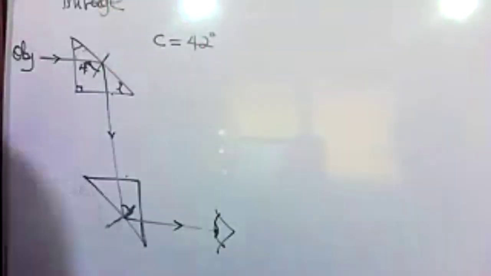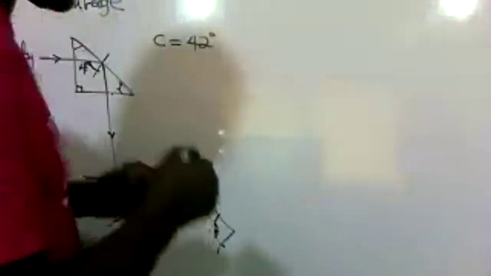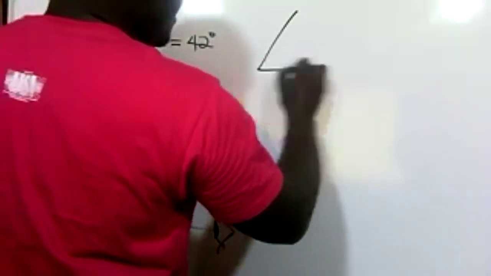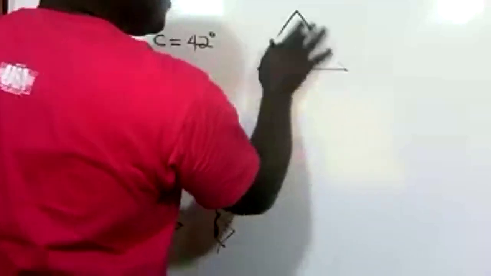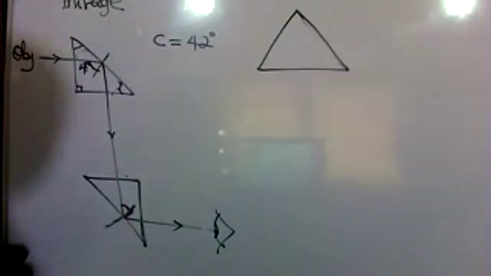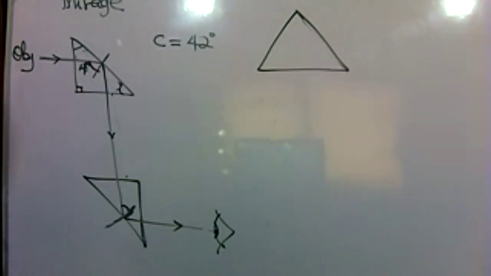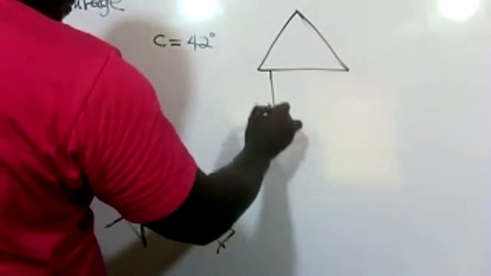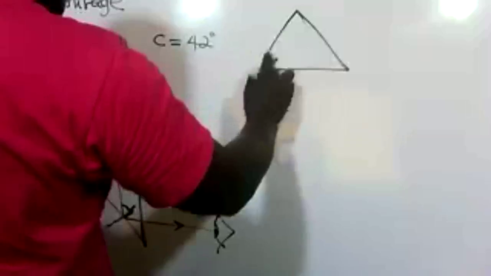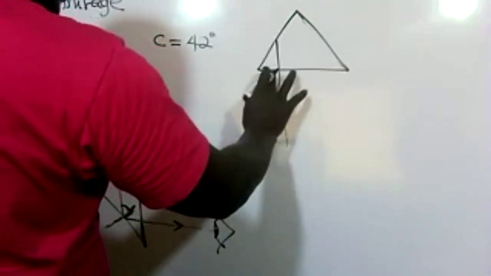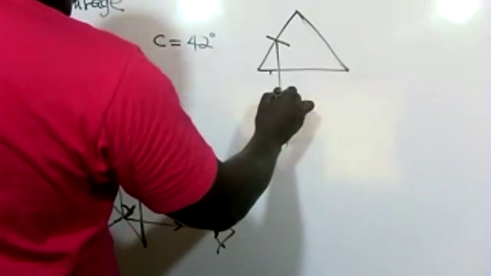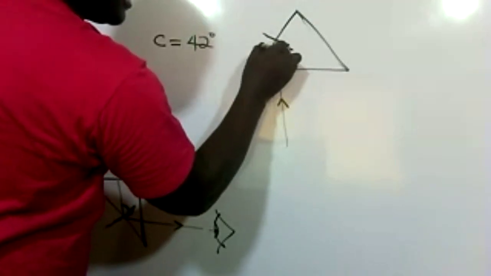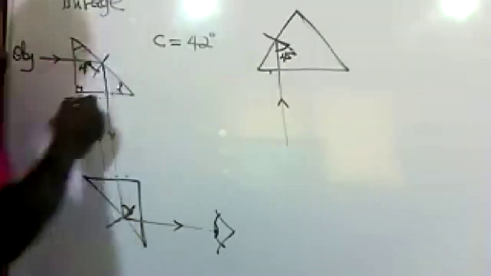There are two prisms, equilateral triangular prisms like this. Now what happens is that in one of them, light from an object hits it at an angle of 45 degrees, just as this one is.